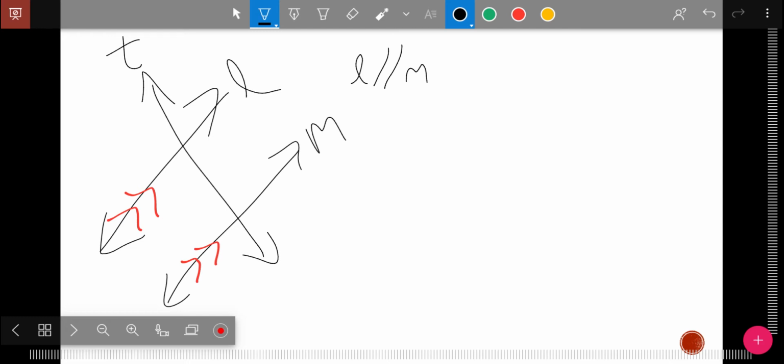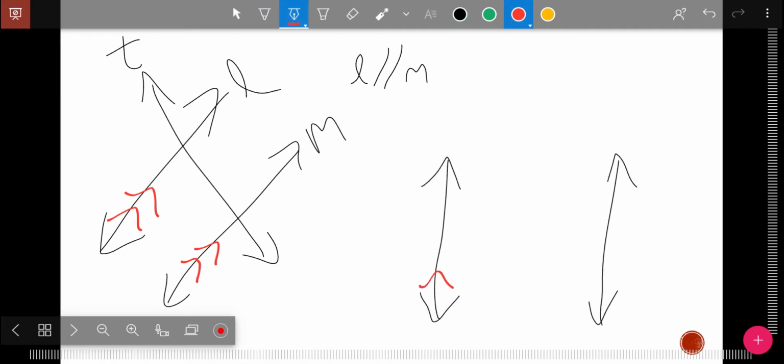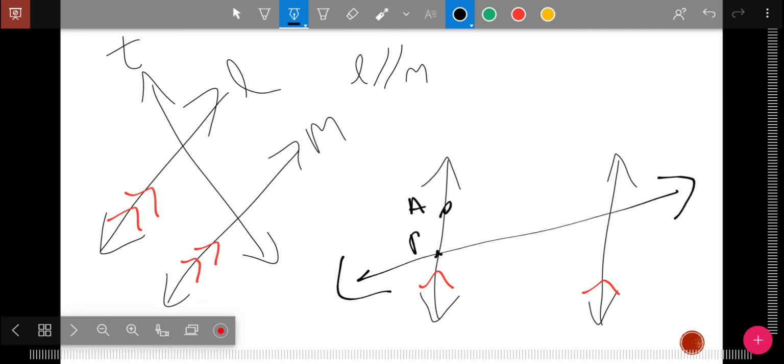Right? Or maybe I have lines that go straight up and down, and then we mark them parallel. We have this goes here, and so I have these points A and B, and C and D. Right?